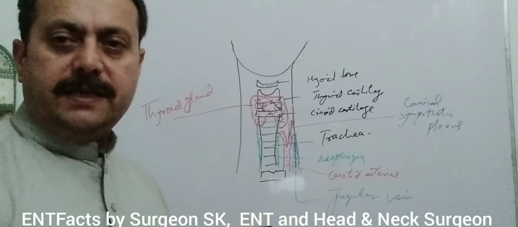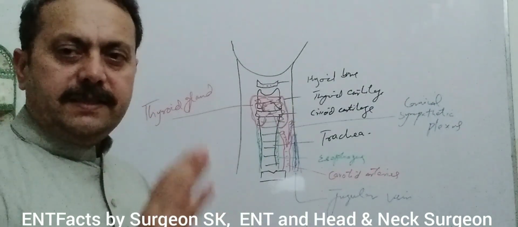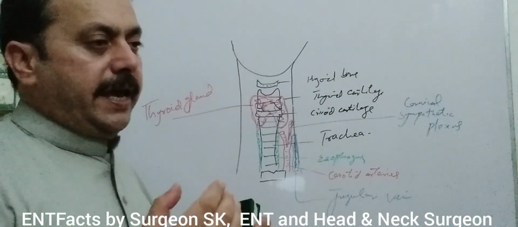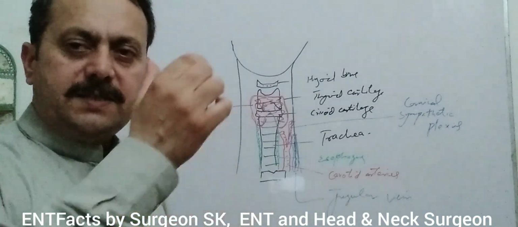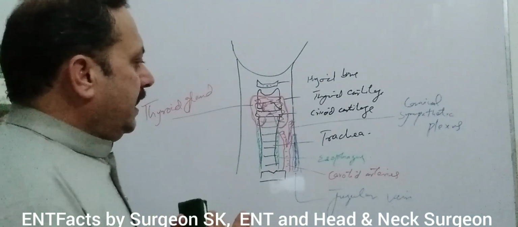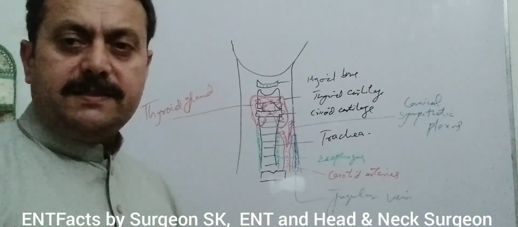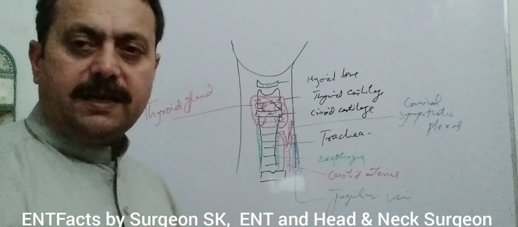Behind these structures, as I told you before, in the side view of the diagram, there is a vertebral column, the prevertebral structures and the vertebral column. And inside the vertebral column, there is a nervous bundle that is called the spinal cord. So any injury penetrating with high velocity can reach the vertebral column and injure the spinal cord.